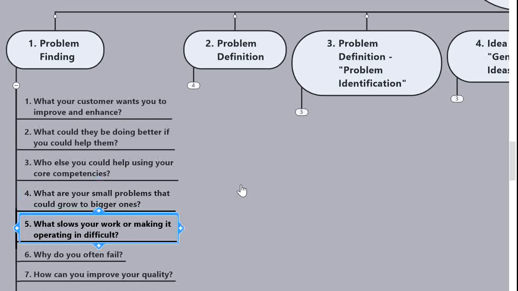Okay. The fifth question: what slows your work or makes it difficult to operate? Another way to put this question, practically speaking, is what blocks you or draws you backwards and keeps you from being faster in responding to the market, locally or globally.